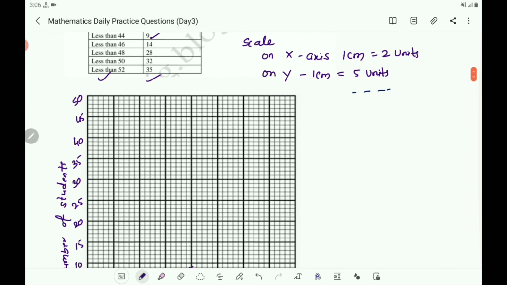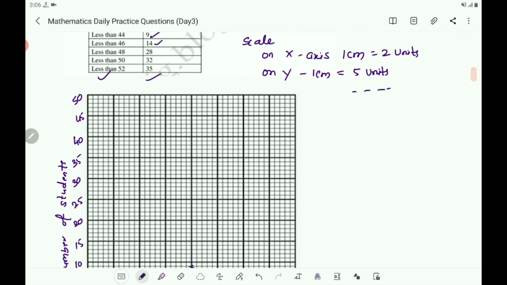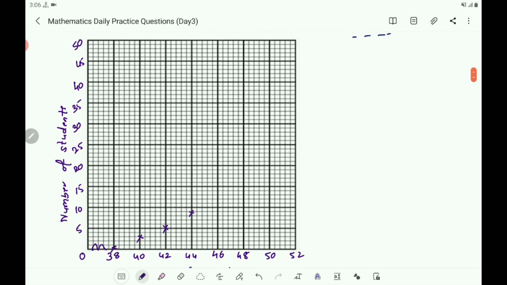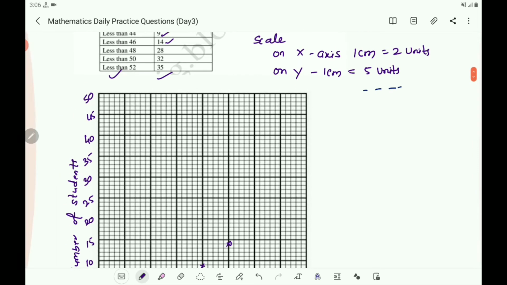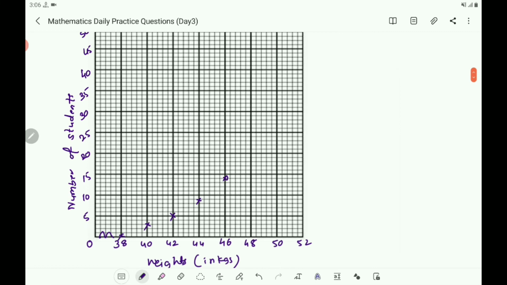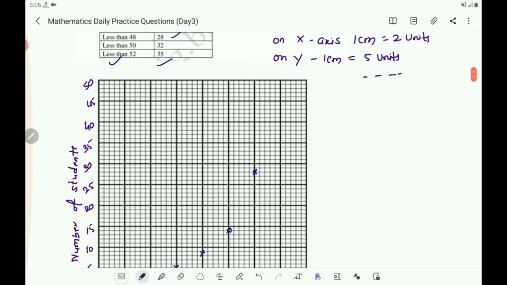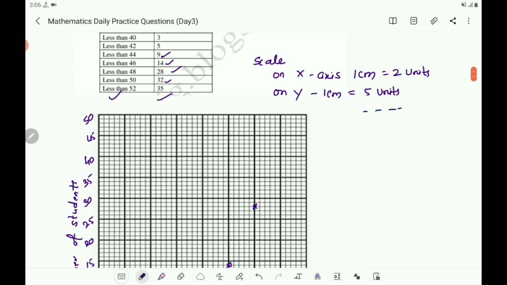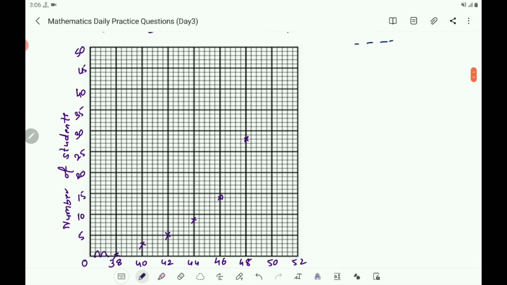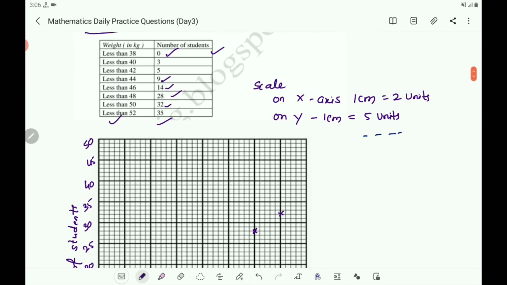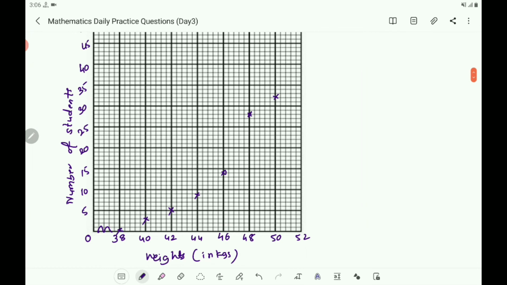Then 46, 14. 46, 14, where it comes 1 less than 15. Then 48, 28. 48, 28, that is 2 less than 30. Then 50, 32. So that is 2 more than 30. Then 52, 35. So we got 35 here.